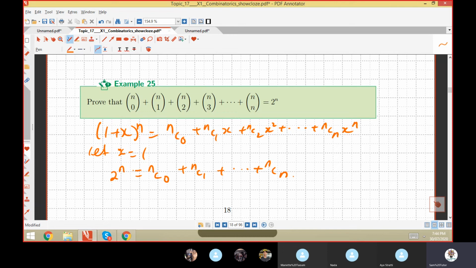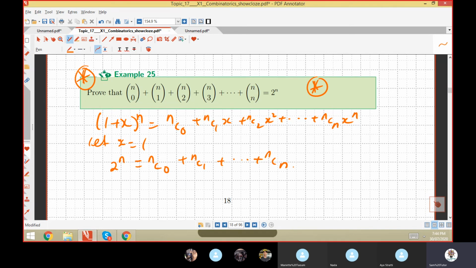You just prove that 2 to the n is the same as n choose 0 plus n choose 1 plus all the way to n choose n. Will 100% be tested in one way or another. Okay, so you need to know that one.